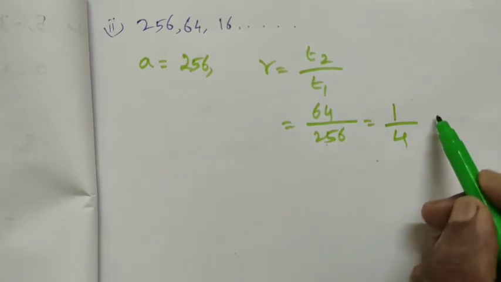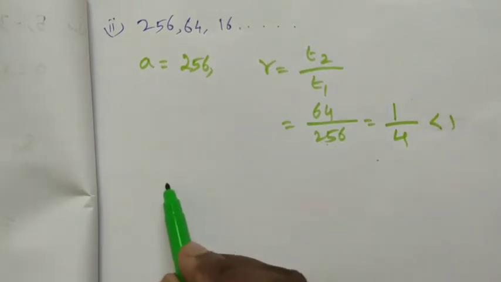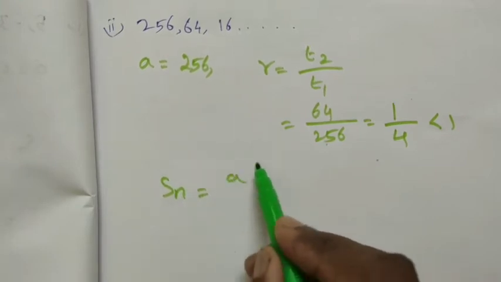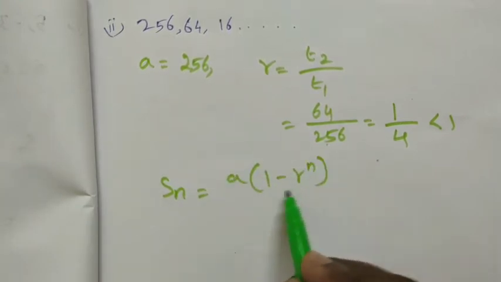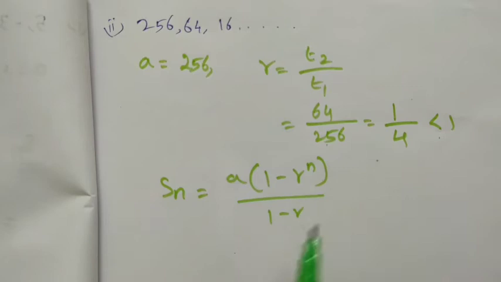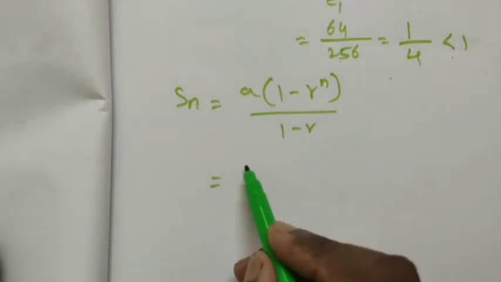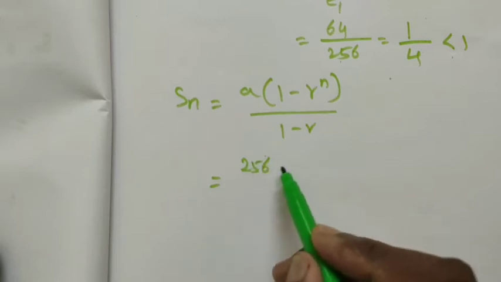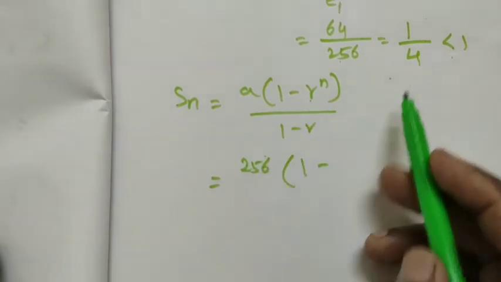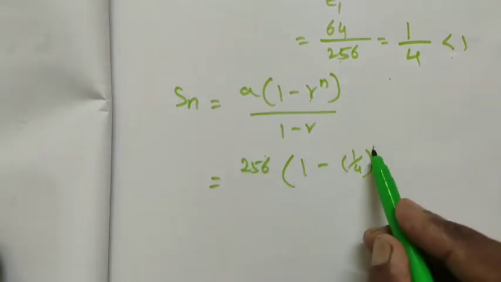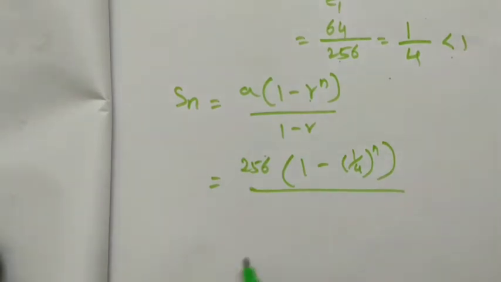So 1 by 4 is less than 1. We want to find Sn, which is A into 1 minus R power n divided by 1 minus R. Since R is less than 1, we use this form. Now A is equal to 256, and R is 1 by 4, so 1 minus 1 by 4 power n, divided by 1 minus 1 by 4.